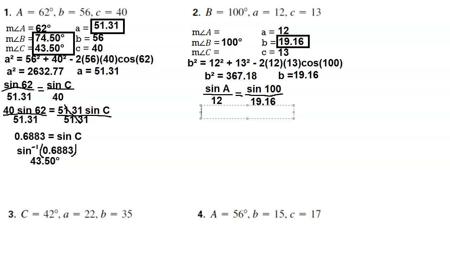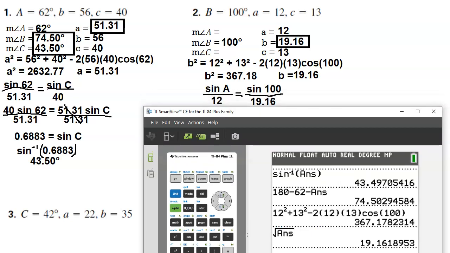So that's going to give us 12 times the sine of 100 equals 19.16 times the sine of A. All right, so now we're going to divide both sides by 19.16. Cross that off, so this is going to look really similar to what we've already done.